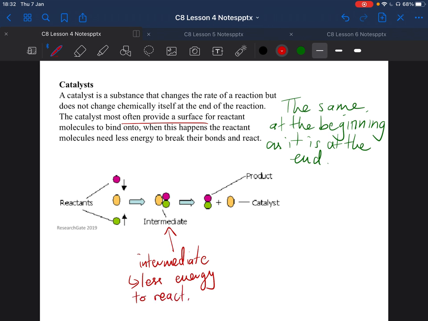And so they can now break their bonds easier. They don't need as much energy and those bonds will break. The key to this part is that it is lowering the activation energy.